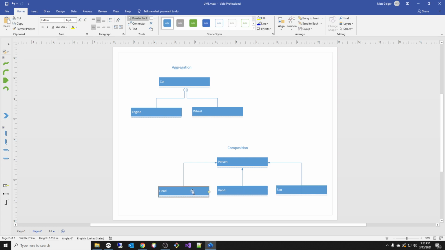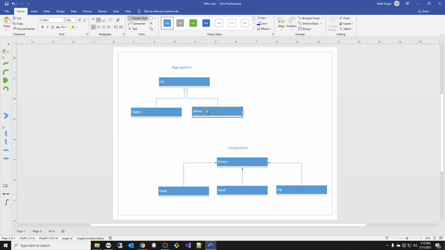We don't have a head that isn't connected to a person. The hand is connected to a person. So we would only create those things in the context of a person, whereas an engine could stand by itself, and it could be used in a car or a train or an airplane. So these things can be separated.